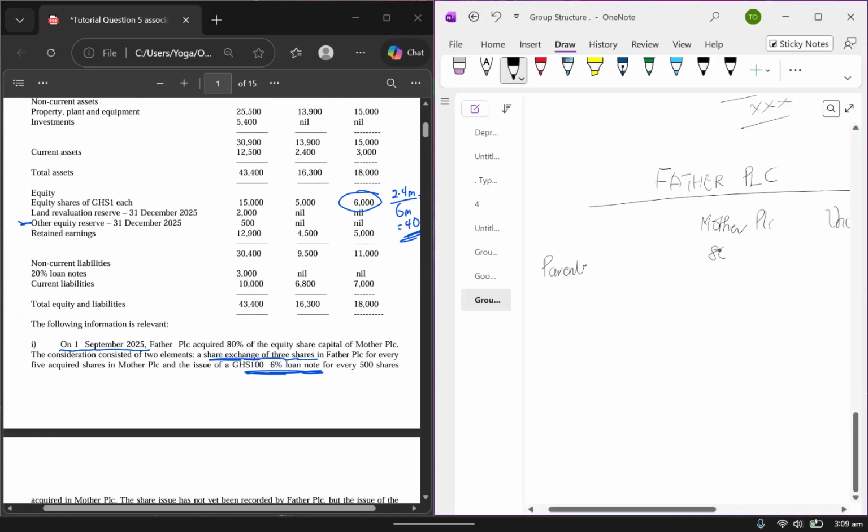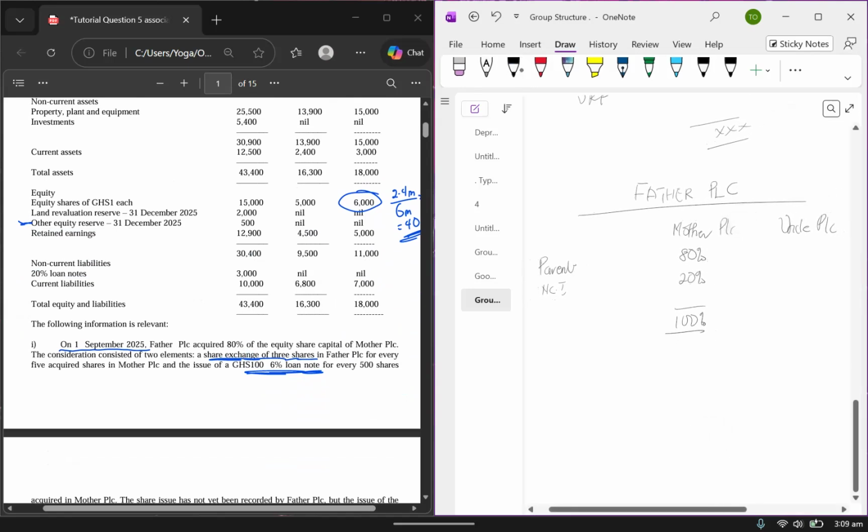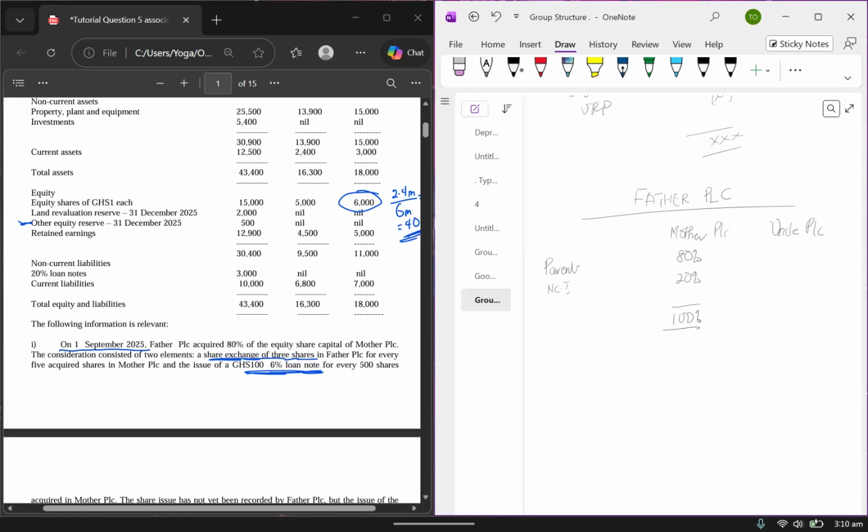Lucky for us. So they've acquired 80%, which means that the NCI will be 20%. And the total will be 100%. But for me, I prefer to indicate the number of shares by it as well, so that when I need the number of shares for NCI, or for the parent, I just come and take it.